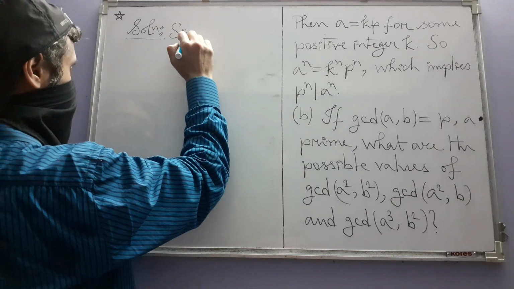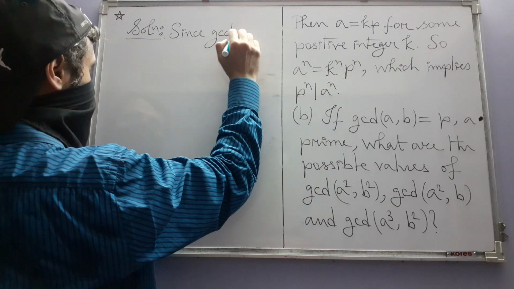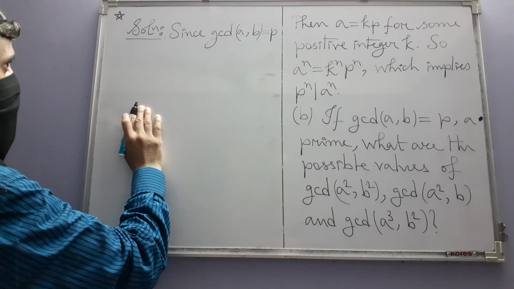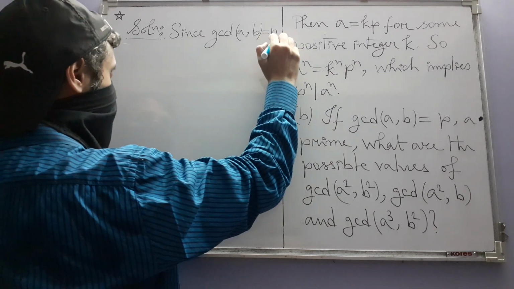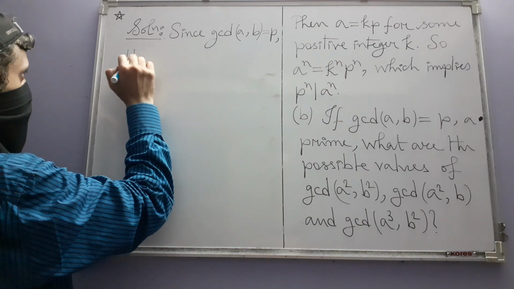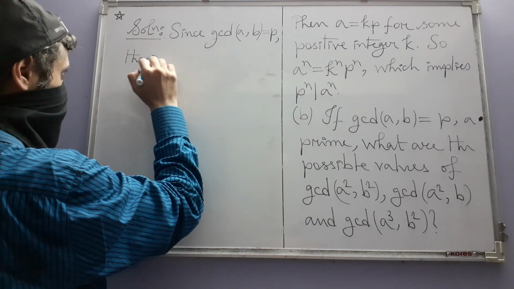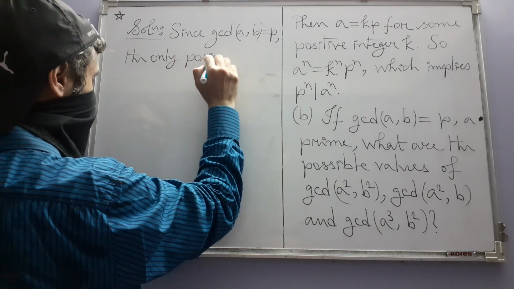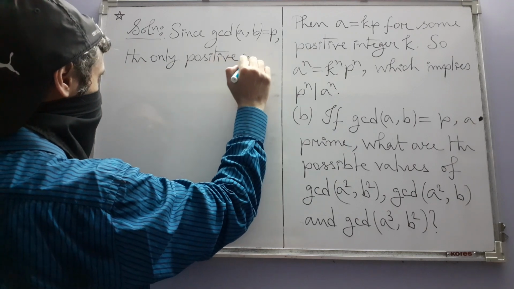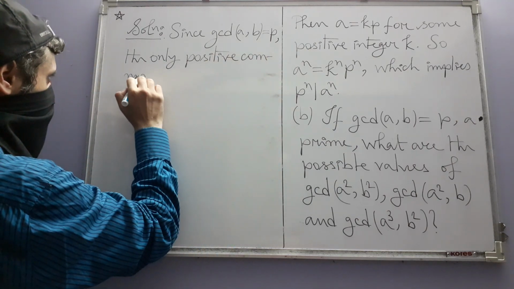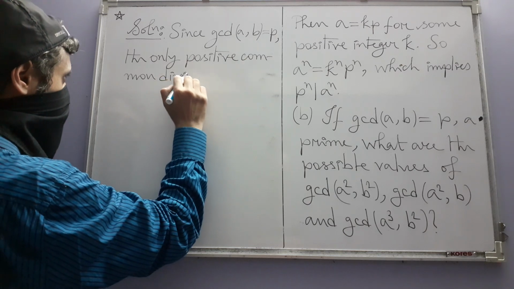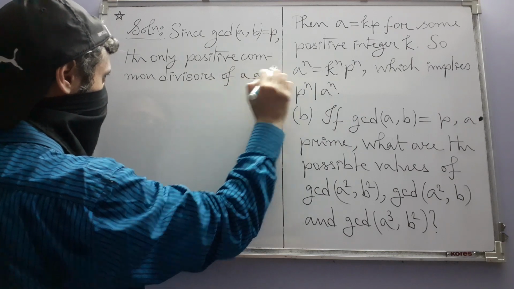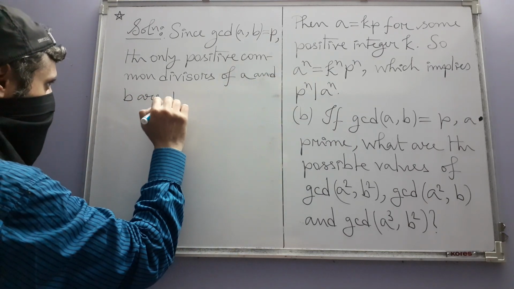Since the greatest common divisor of a and b is p, watch this, the only positive common divisors of a and b are 1 and p.